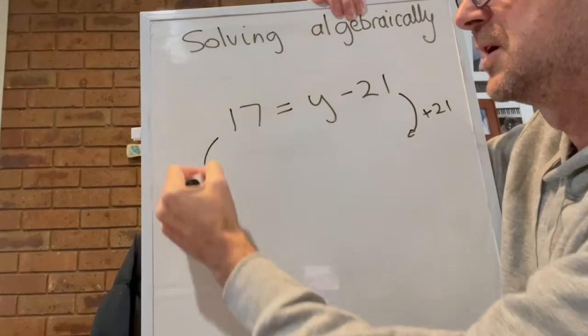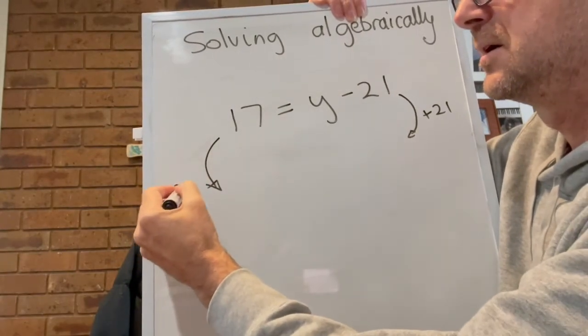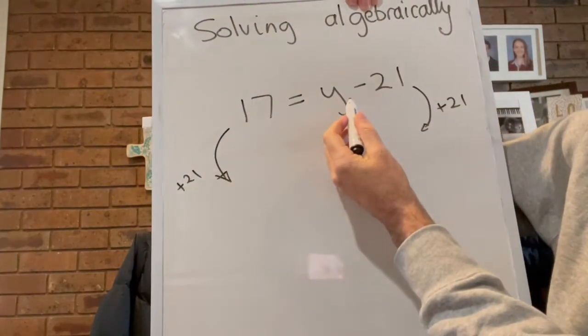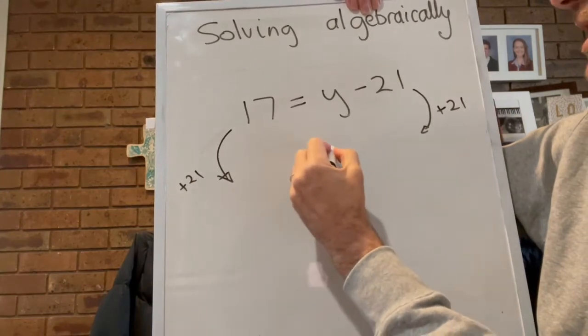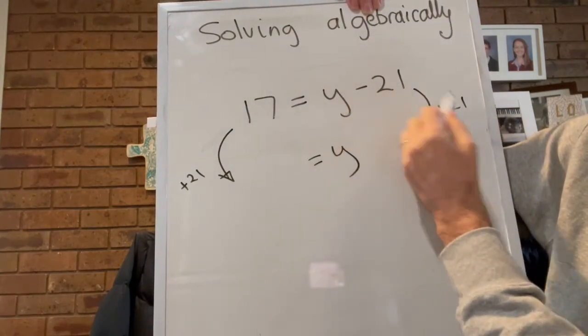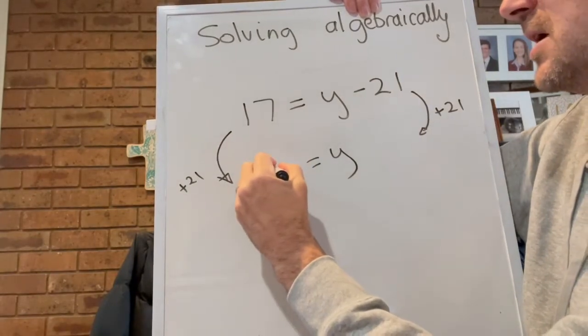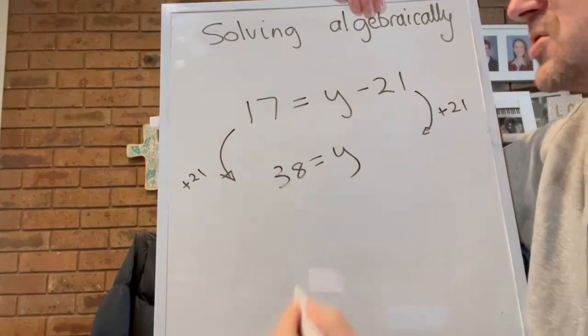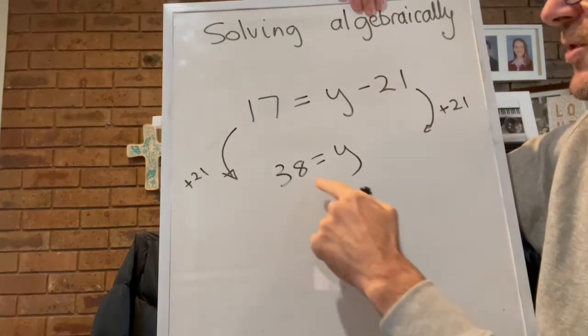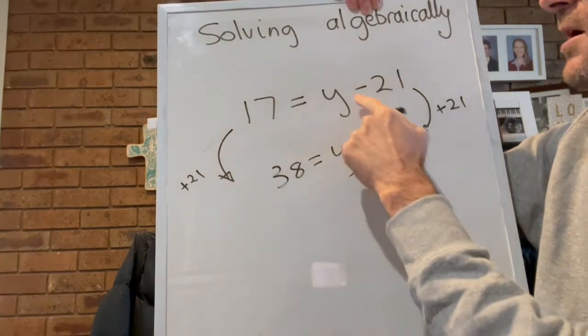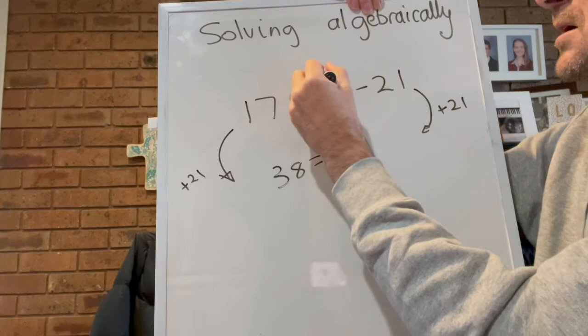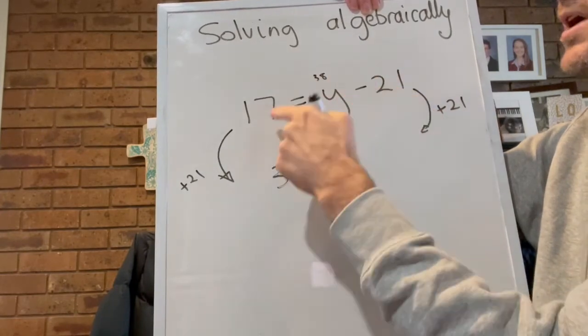And so on that side, we also want to add 21. So that leaves us with y here. Negative 21 plus 21 is 0. And 17 and 21 here will give us 38, positive 38. And if we put 38 back into this equation, 38 take away 21 will leave us with 17.